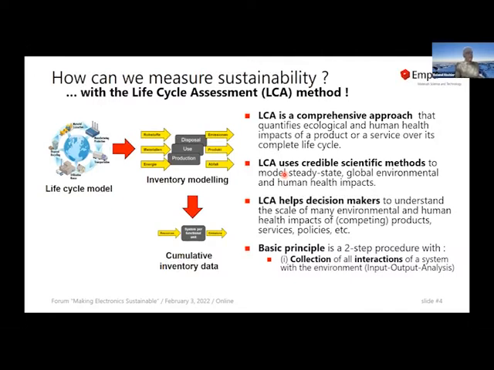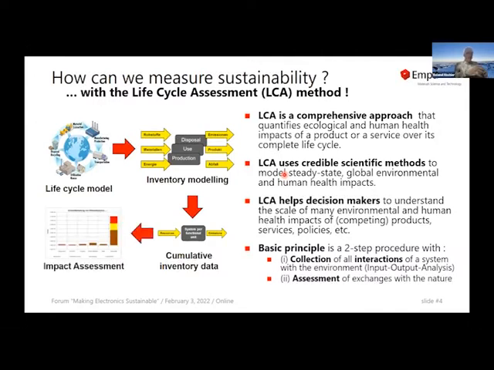In a second step, we assess these exchanges, the resource consumption and the emissions, in relation to what impact they stand for, like the global warming potential that you mentioned already before.